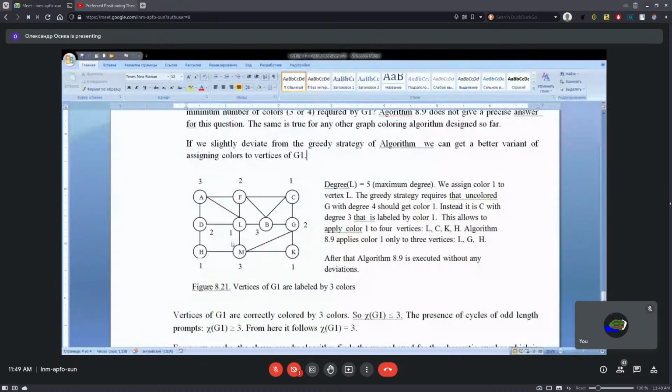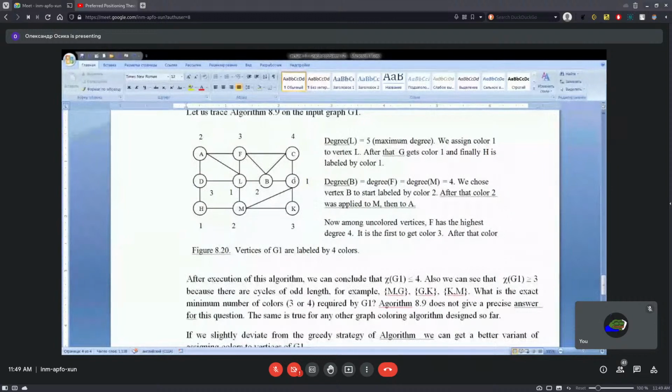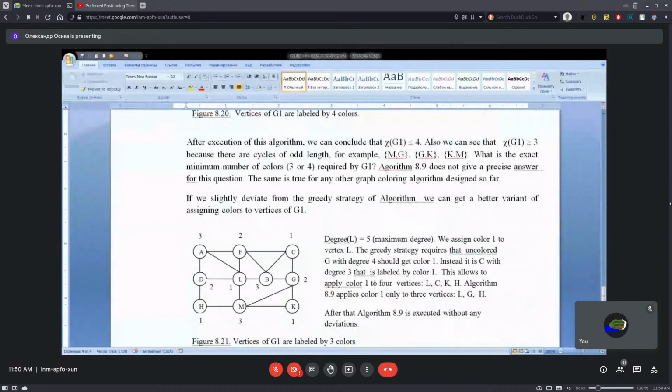Again, we start with L, color 1. The greedy strategy requires that the uncolored vertex G with degree 4 should get color 1, this one.